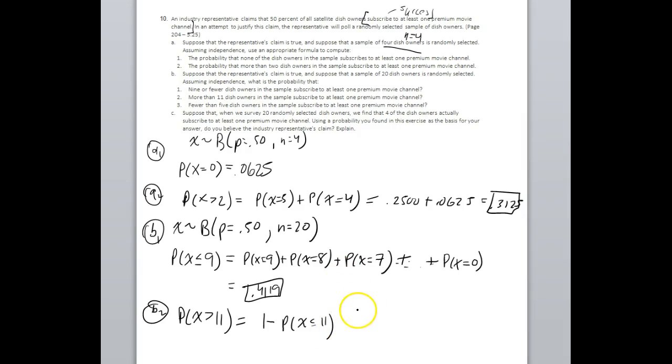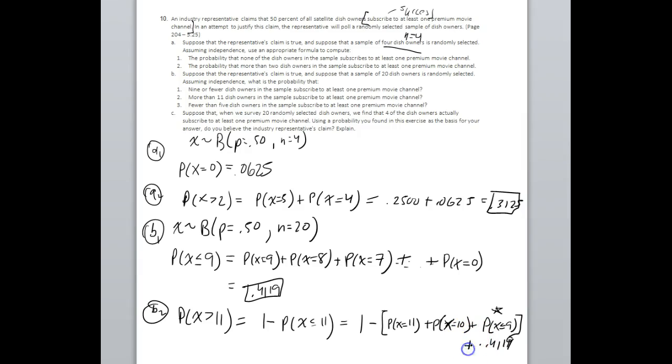Then furthermore, that's just 1 minus the probability that x is equal 11, x is equal 10, and then x is equal 9, x is equal 8, but we can call that the probability that x is less than or equal to 9. We do that because that's what we just solved for. We know this number.